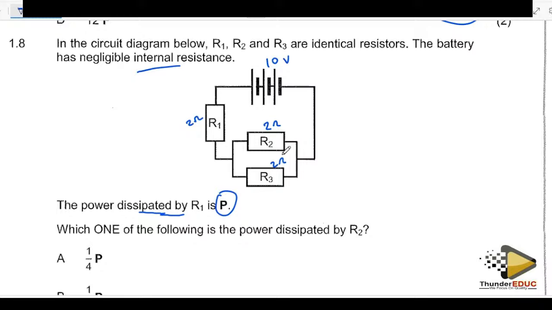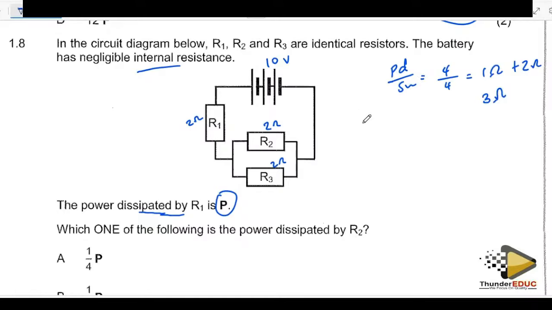So the effective resistance within this parallel combination, remember we have 2 resistors, so product over the sum, that's going to be 4/4, which is 1 ohm. That is for the parallel combination. Now, since this parallel combination is in series with R1, I add the 2 ohms, which means my effective resistance is going to be 3 ohms.